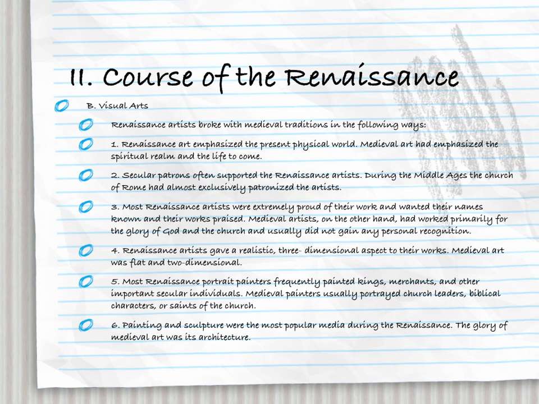Number six, painting and sculpture were the most popular media during the Renaissance, and the glory of medieval art really was its architecture, even though there's some Renaissance architecture. So this would be a good time to pause, get all of this down, and then go into the next slides.